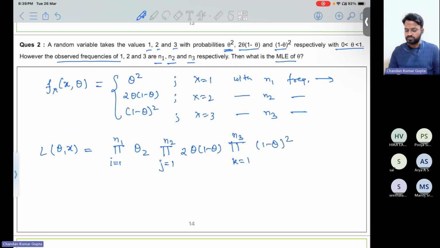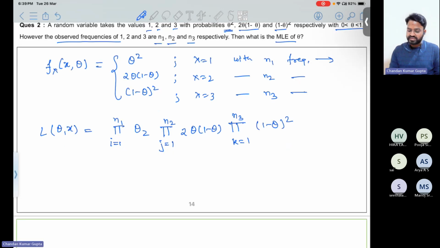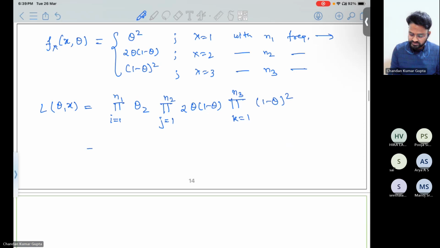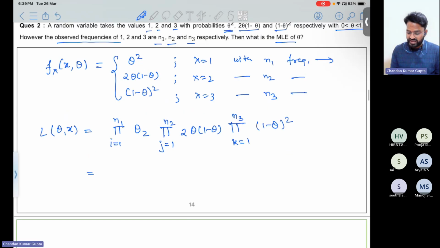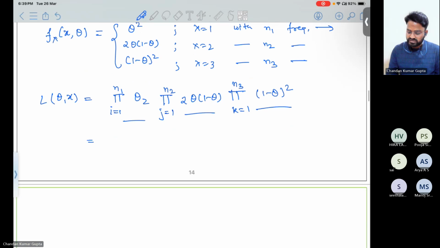Yes, the likelihood function. Okay, now first let us make it a compact form. It is a constant, there is no x here.